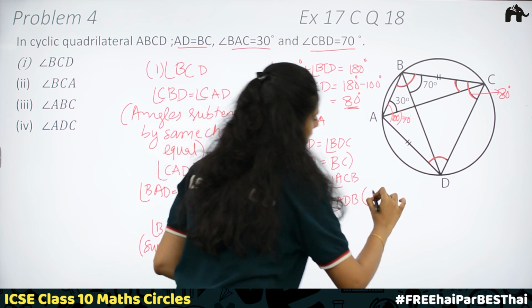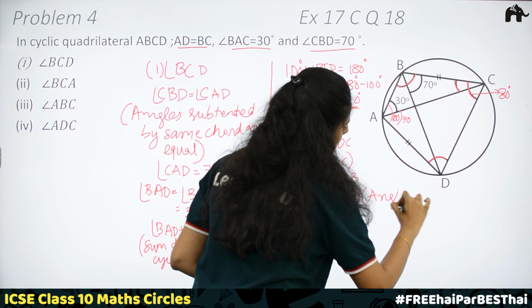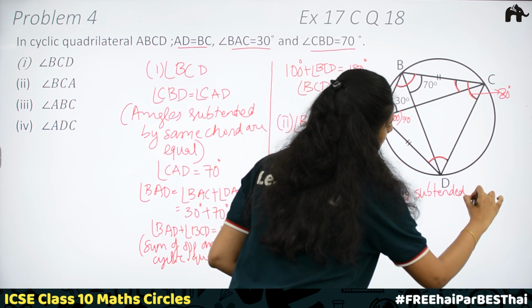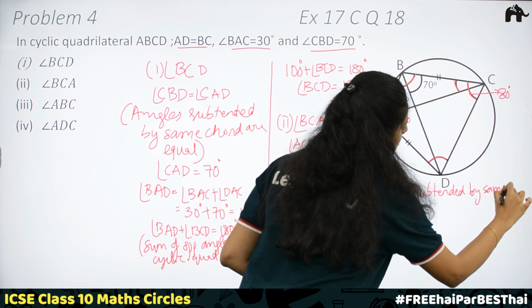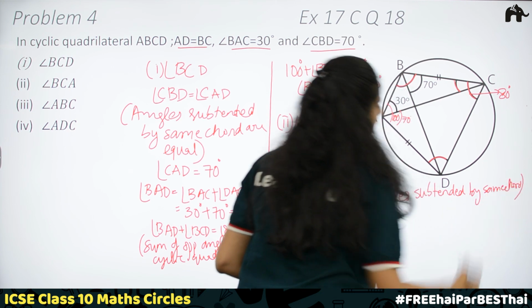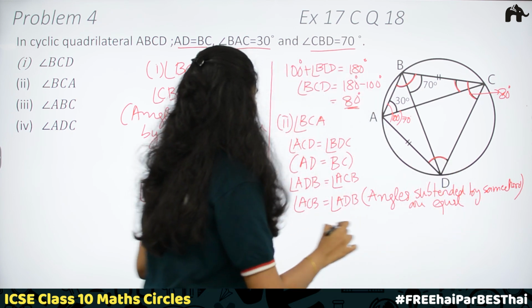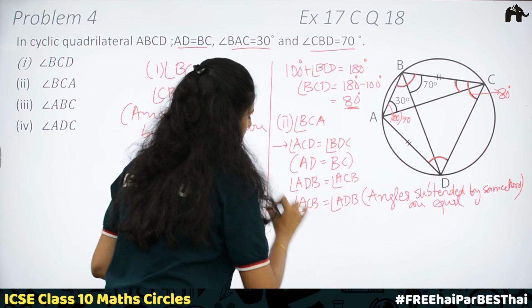What is the reason? Angles subtended by the same chord are equal. Okay. Now, here we have 1 and this is 2.